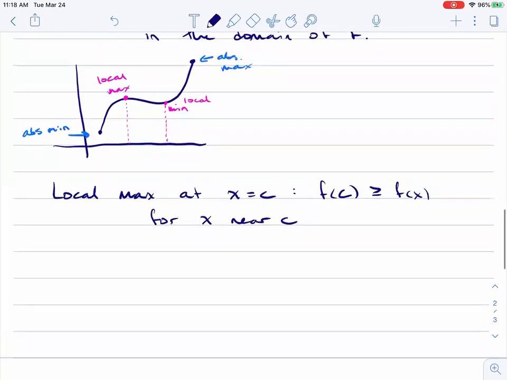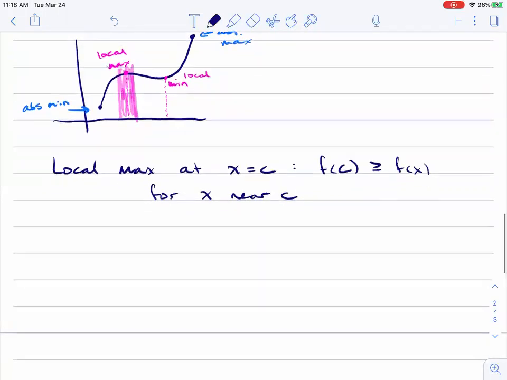So if we imagine, here around this point, for x near c, we've got this maximum here. Not overall, but just for any x near c, we've got a local maximum if that's the largest point.